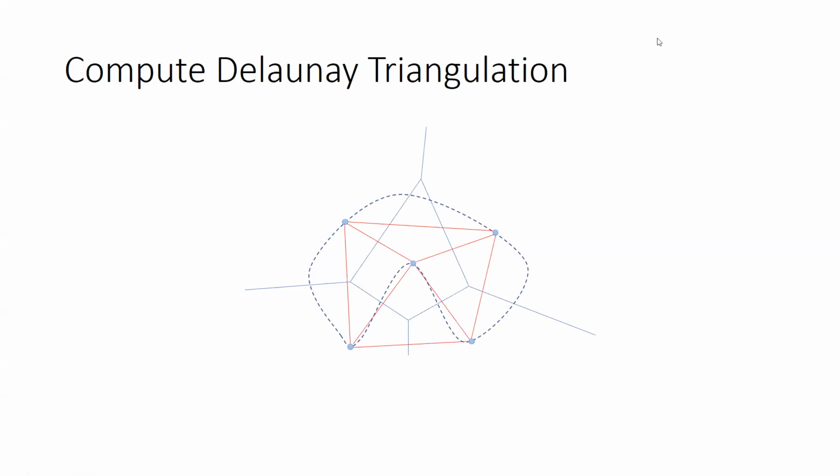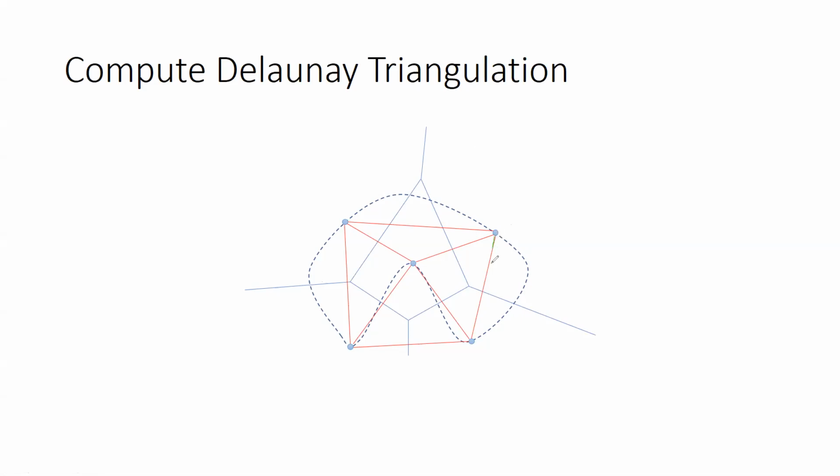Okay, so the basic idea is, let me change to a nice color. Not this one. The basic idea is, if your Delaunay edge is intersecting the object, then you keep the edge.